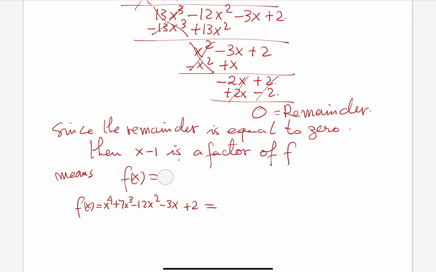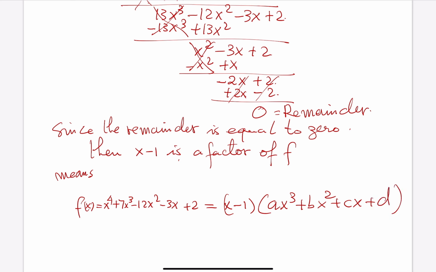The meaning of x minus 1 being a factor of f is that f(x) is equal to x minus 1 times a polynomial of degree 3, okay? ax to the third plus bx squared plus cx plus d. That's the meaning.